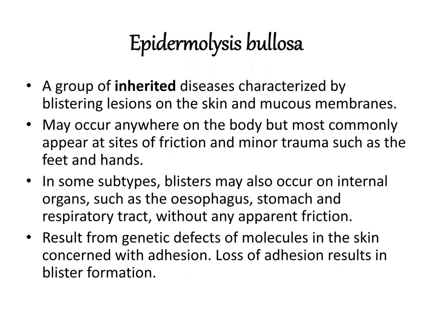So that is an important feature. In some subtypes, blisters may occur in internal organs such as the esophagus, stomach, respiratory tract, and also the lower GI, without any apparent friction. This results from genetic defects of the molecules which we discussed already.